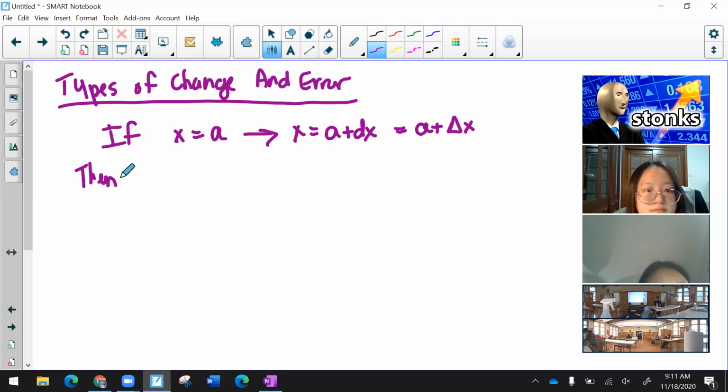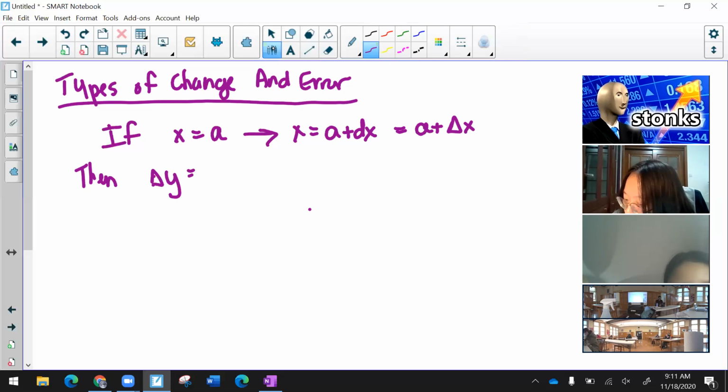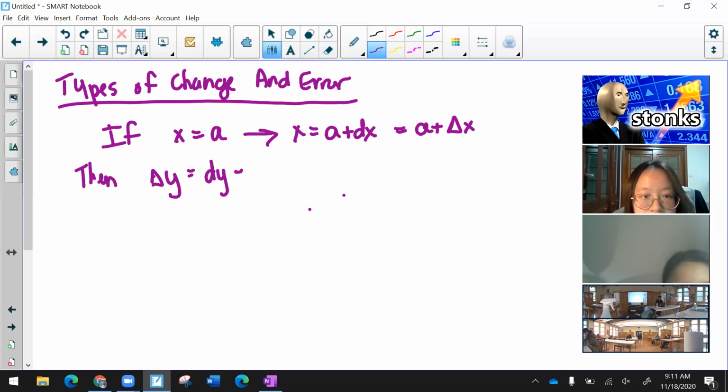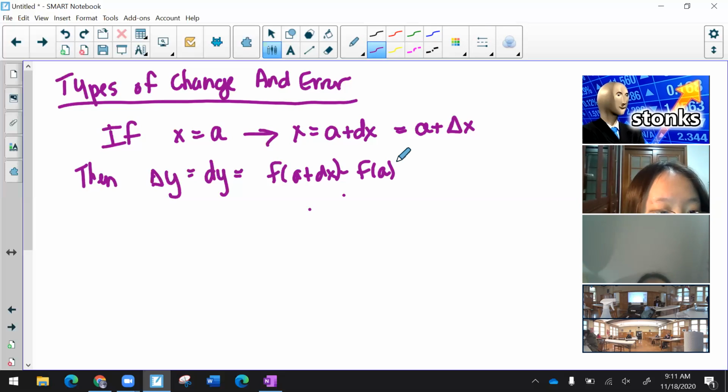Then if I'm talking about the actual function, delta y, which would be my change in y, or perhaps my dy, would be f of a plus dx minus f of a. I'm taking the difference between two positions, a and a plus dx. That's going to result in a change in y.